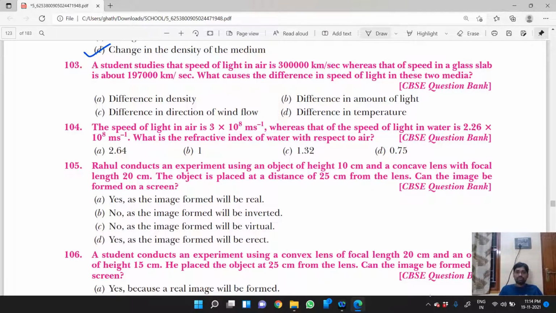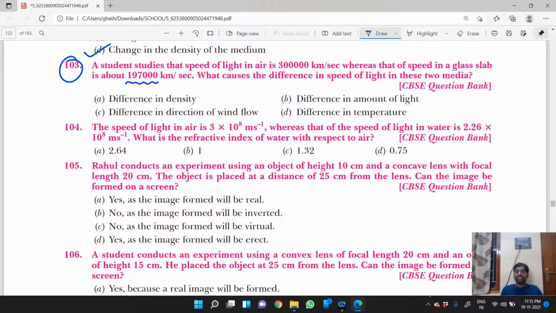So this is also a familiar question, 103. A student studied that the speed of light is 3 lakh kilometers per second, whereas the speed in glass slab is 1 lakh 97,000 kilometers per second.